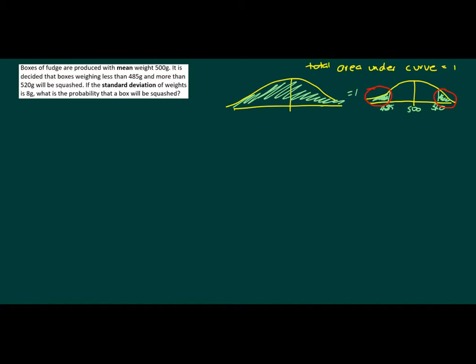That's perfectly acceptable. But possibly a better way is to work out this bit in the middle, because it's really just one step on the calculator. Work that area out and then subtract it from 1, and we'll get our answer for these two end portions.